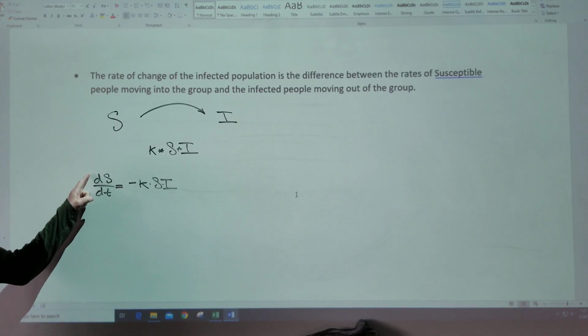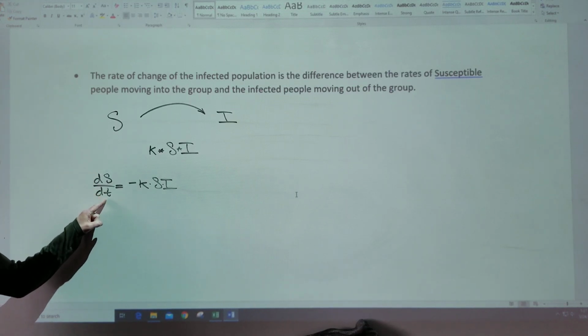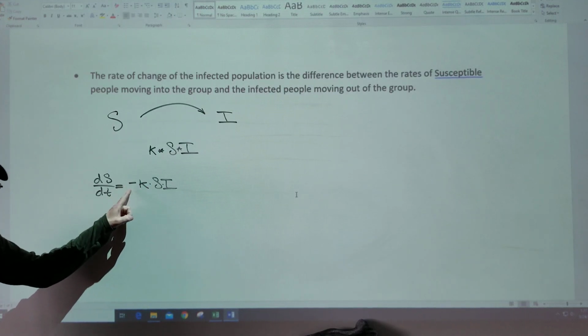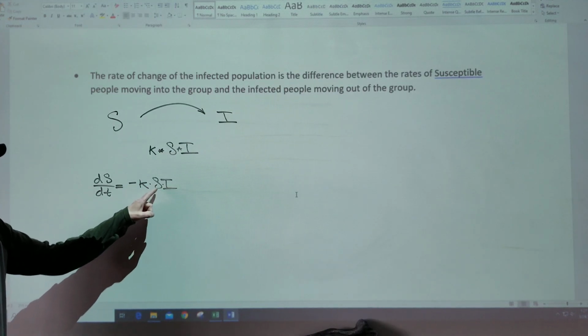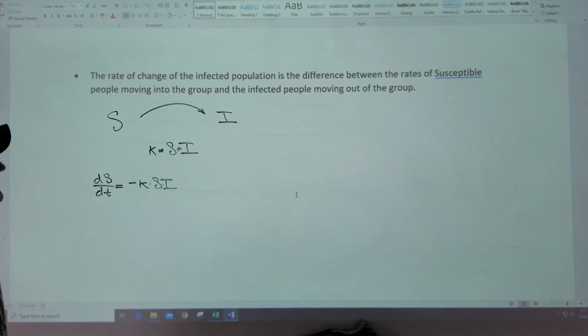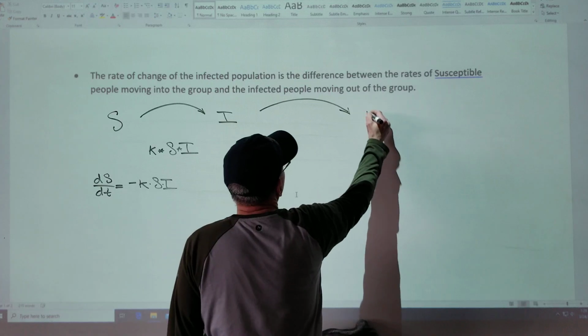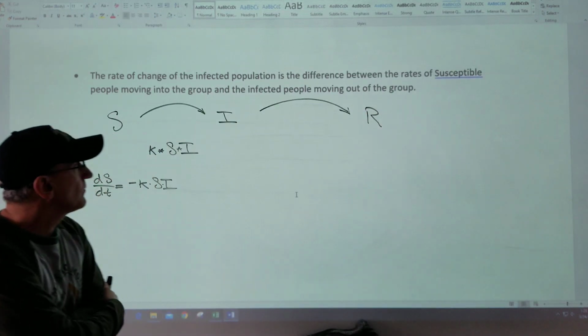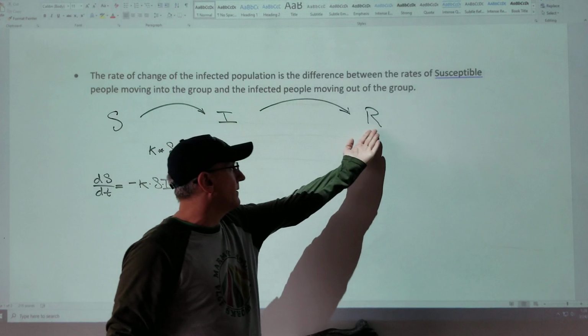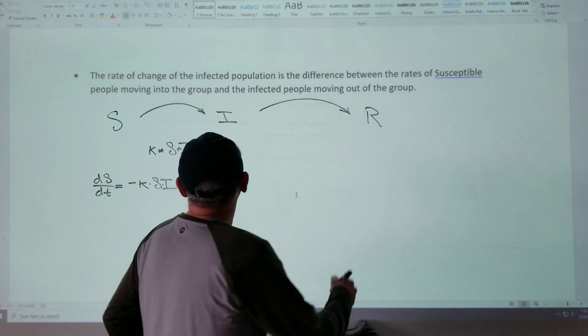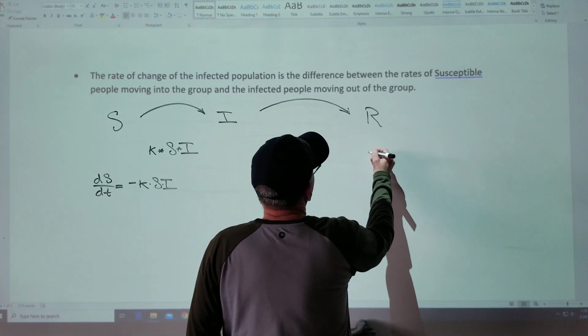The rate of change in the susceptible population per day, people per day, is proportional to, it's negative, and it's proportional to the product of the size of these 2 groups. Now, we have a transfer from infected to removed. And that's the only rate that matters for the removed group. So what is that? Okay, we just talked about that.